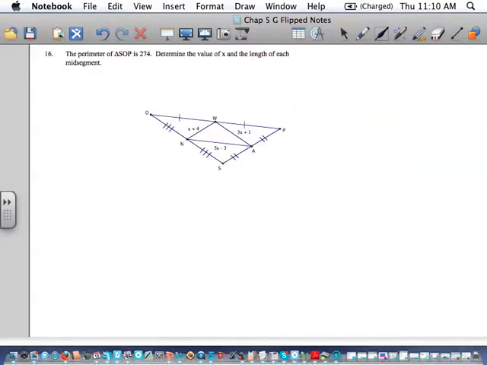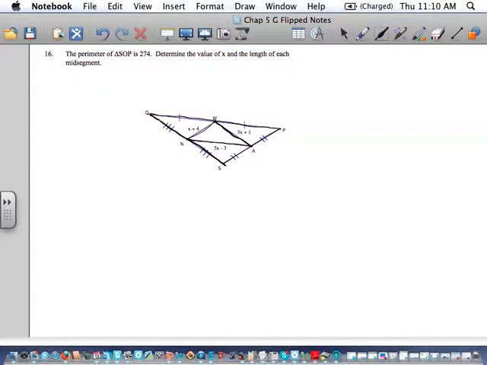Now number 16, you're given the perimeter of SOP. So you're given the perimeter of this whole triangle. But you are given the lengths of the midsegments. Okay, so clearly the lengths of the midsegments wouldn't be equal to the perimeter. So all you have to do is double the length of the midsegment.